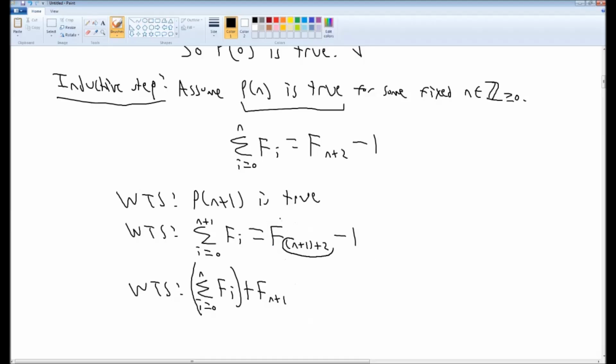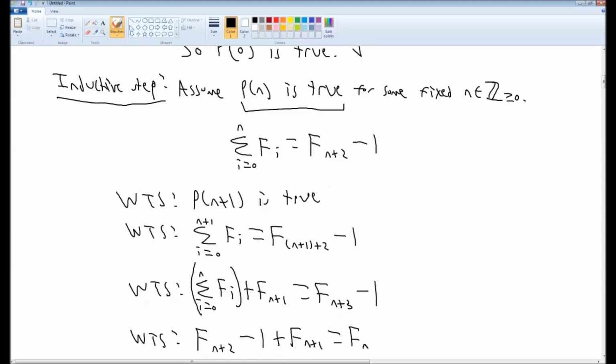F of n plus 1 plus 2, that's just the same as f of n plus 3. But now here's the thing. We're assuming that this sum right here is equal to this, right? So we can substitute. So this is the same as saying that we want to show that this guy plus f of n plus 1 equals f of n plus 3 minus 1.